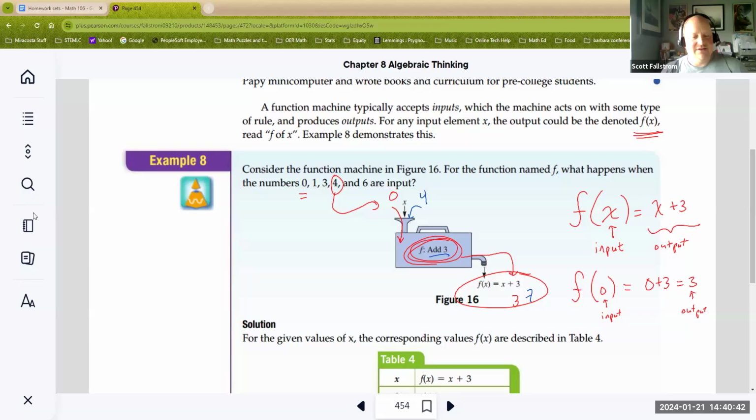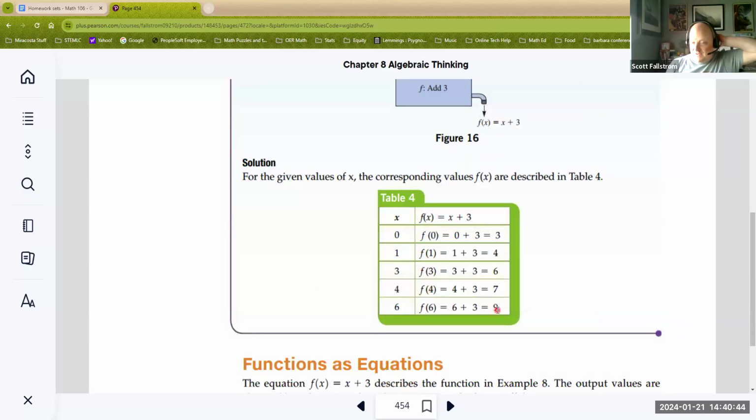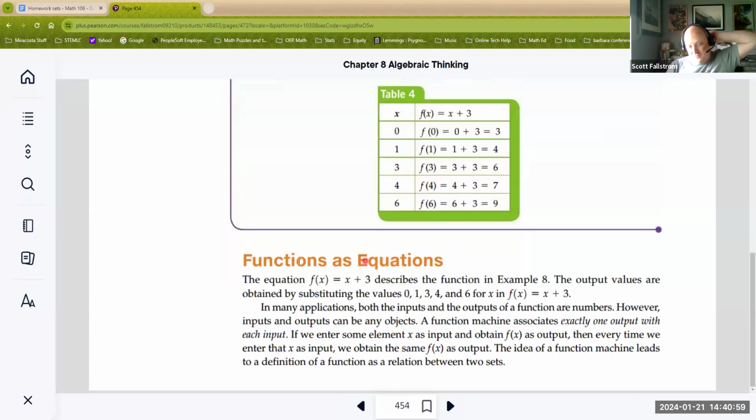All right, let's continue on down. Now, you could also write this as a table. So notice x is the input values, and the next column, the f of x, is also known as the output values. So output of 3, 4, 6, 7, and 9. Now you can recognize them here as an equation, but the key piece to a function, it's a relationship, right?